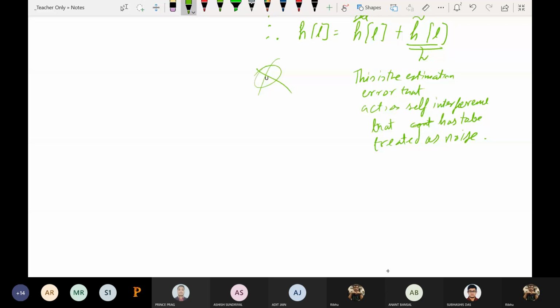So now what we have is OFDM, and an introduction to wireless communications. These are the two topics left.